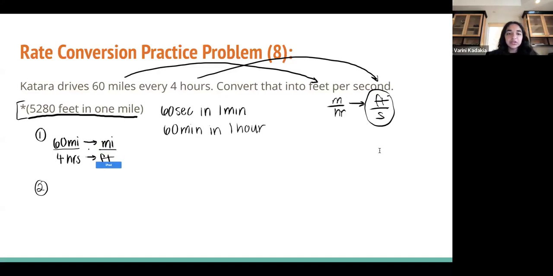Whenever you multiply two ratios or two fractions, you just multiply across. So I'd actually end up with 60 miles squared over 4 hours times feet. Is that what we want? No, right? We want to have feet per hour.